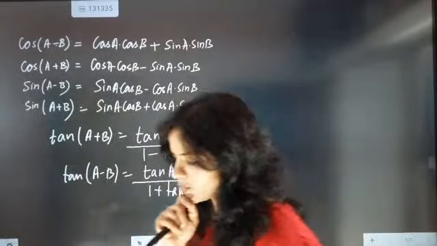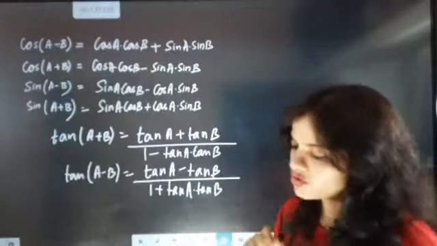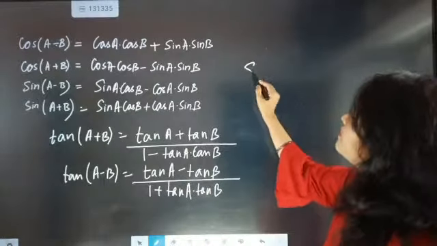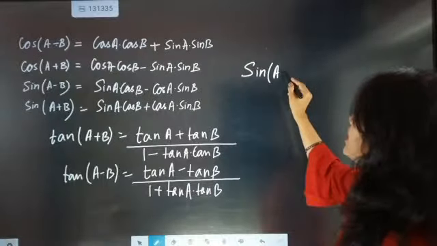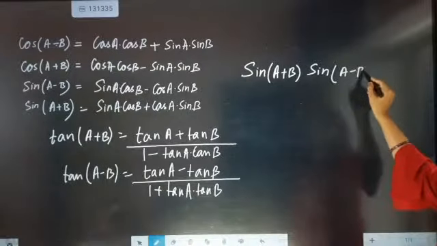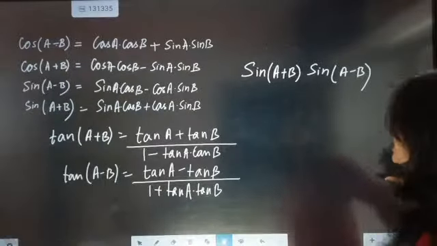Now one question I am going to ask you. Let's see how you handle it. Tell me, sine of A plus B into sine of A minus B, what will be the answer?